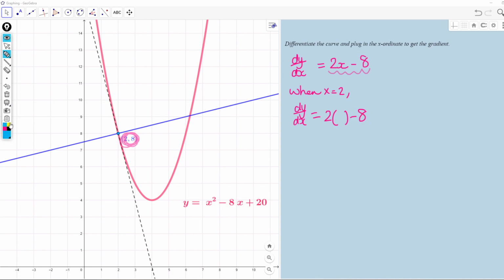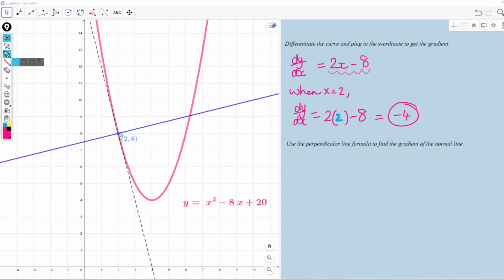I'm going to have 2 times 2 minus 8. And then working that out, I should get a gradient. 2 times 2 is 4. Take away 8 is -4. Okay, so we've got a gradient of -4. That's the gradient of this dotted tangent here, and it's the gradient of the curve at this point.